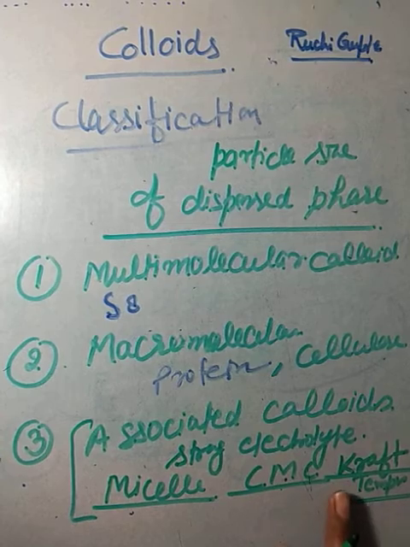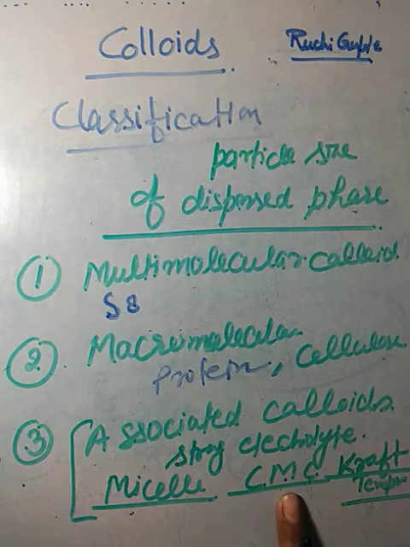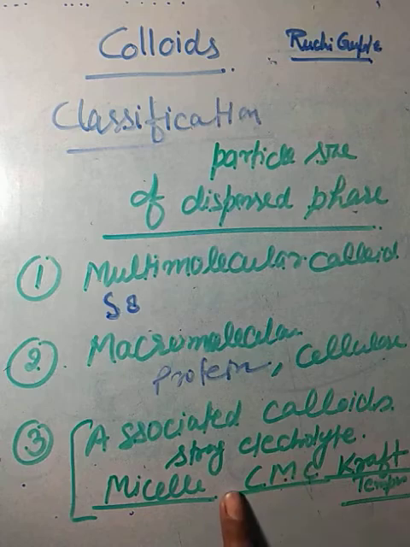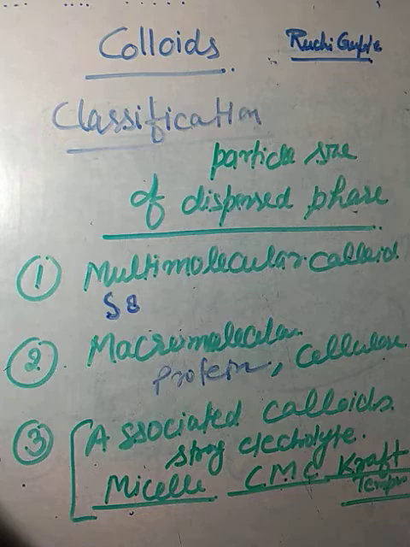Okay, so please keep in your mind, one term is Kraft temperature, above which we can form a colloidal solution, and second is CMC, above which concentration we can form the associated colloids, right? So these are the three types of colloids, and this is the last classification of colloids.